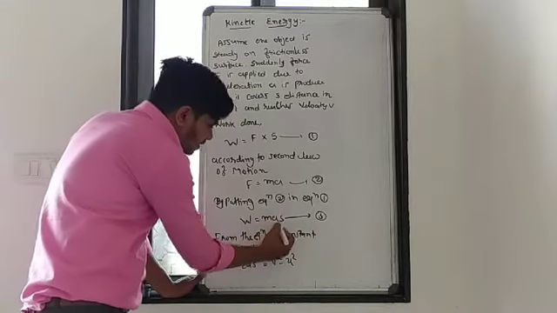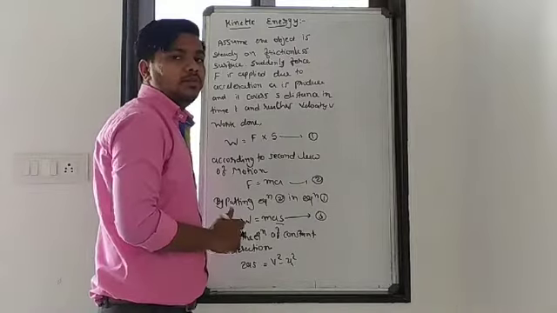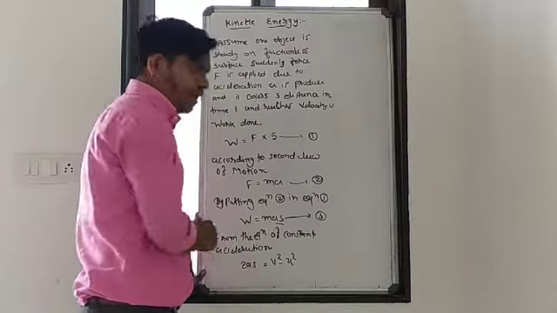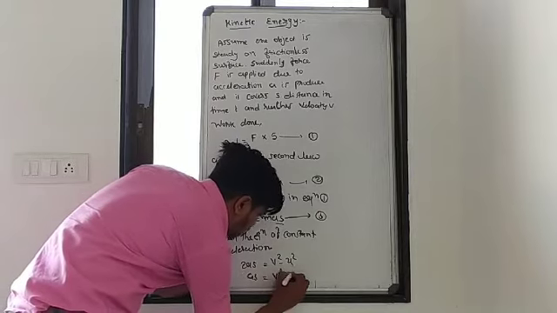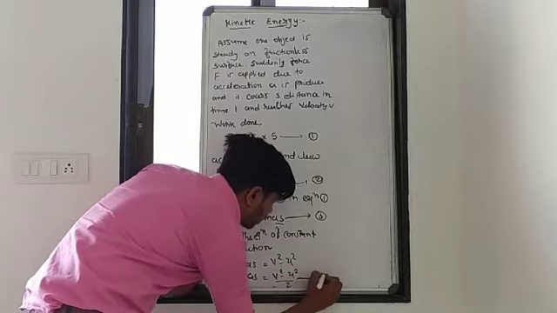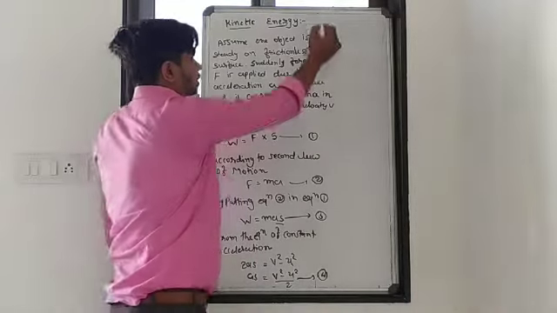Now in this equation you can see as, right? So just remove that as. For that you have to make it here as. So as is equal to v square minus u square divided by 2. Equation number 4.